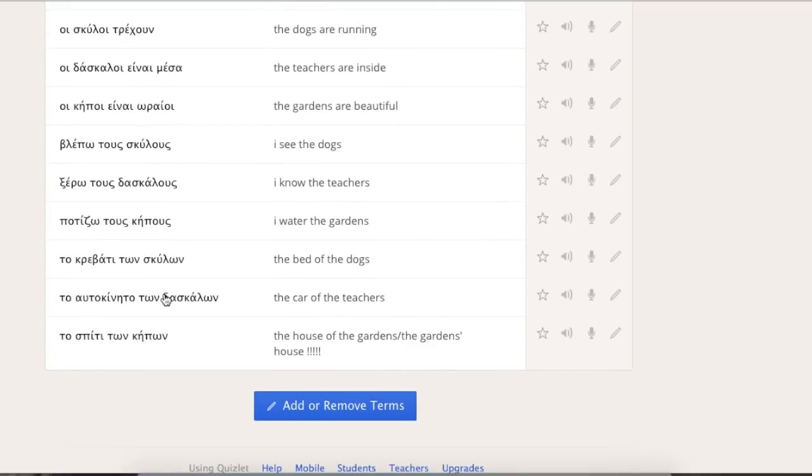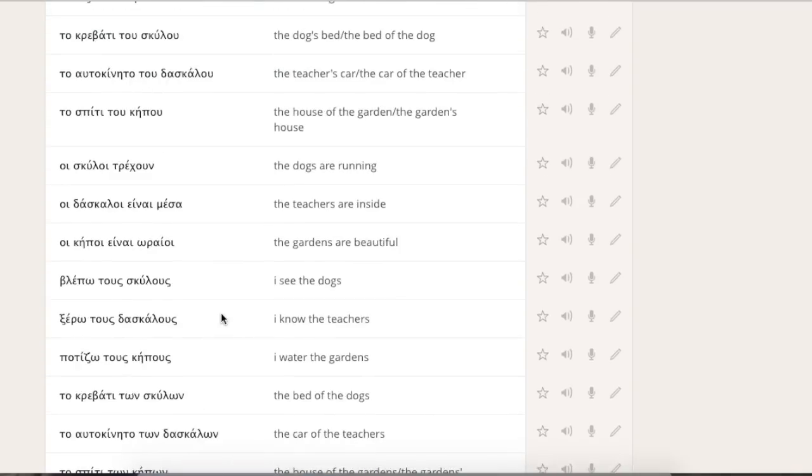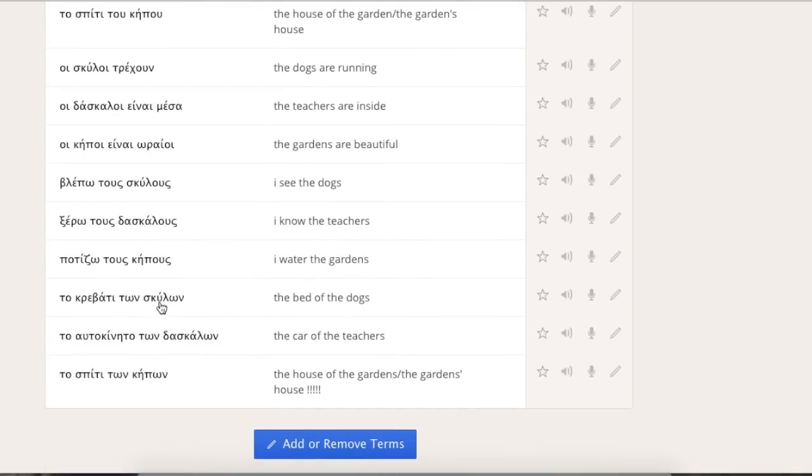Now let's see the possessive form. The bed of the dogs. Okay? Not the bed of the dog now. Το κρεβάτι, that doesn't change. Των. Of the is not tou anymore like it was before. Yes, it's ton. Ton skilon. The easy thing here is that the article and the ending are very similar.